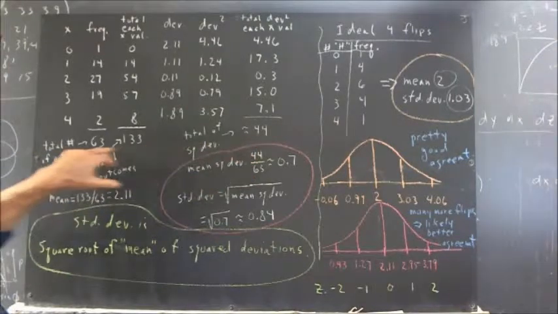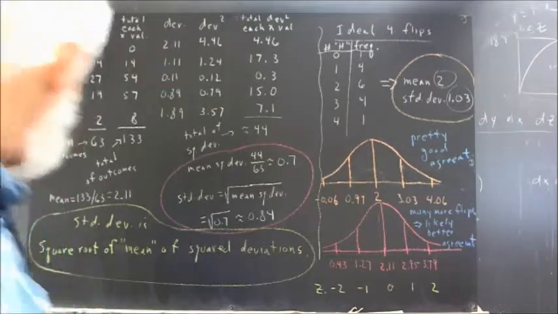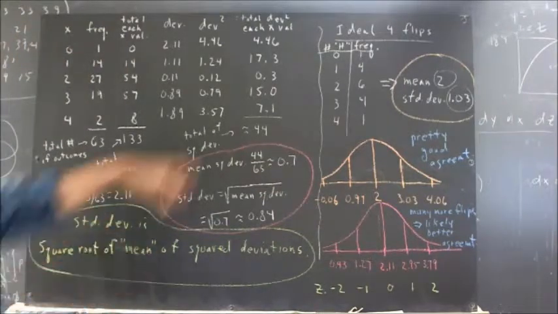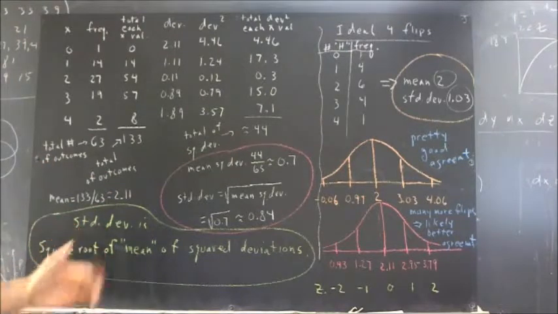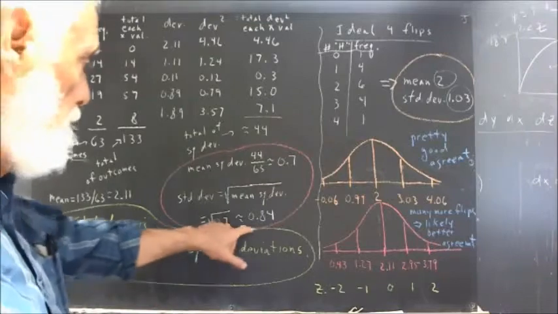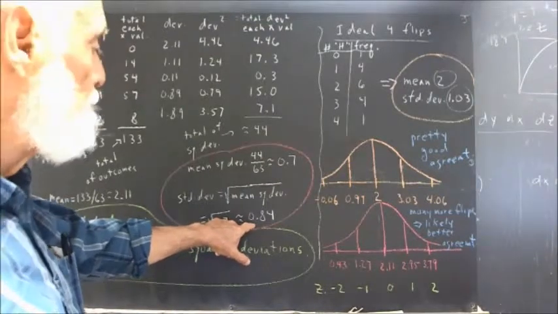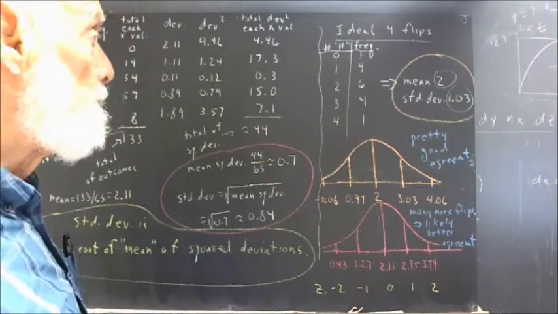So 44 divided by 63 gives us our mean squared deviation. And then for the standard deviation, remember we had squared deviations here, so it makes a certain amount of sense to take a square root. The square root of the mean of the squared deviations is 0.84. And this is a measure of how much that distribution spreads.